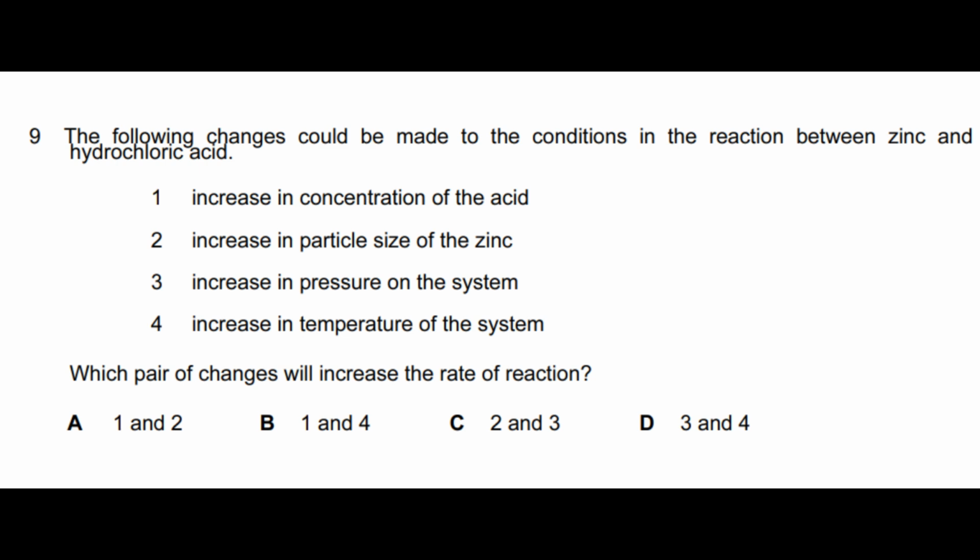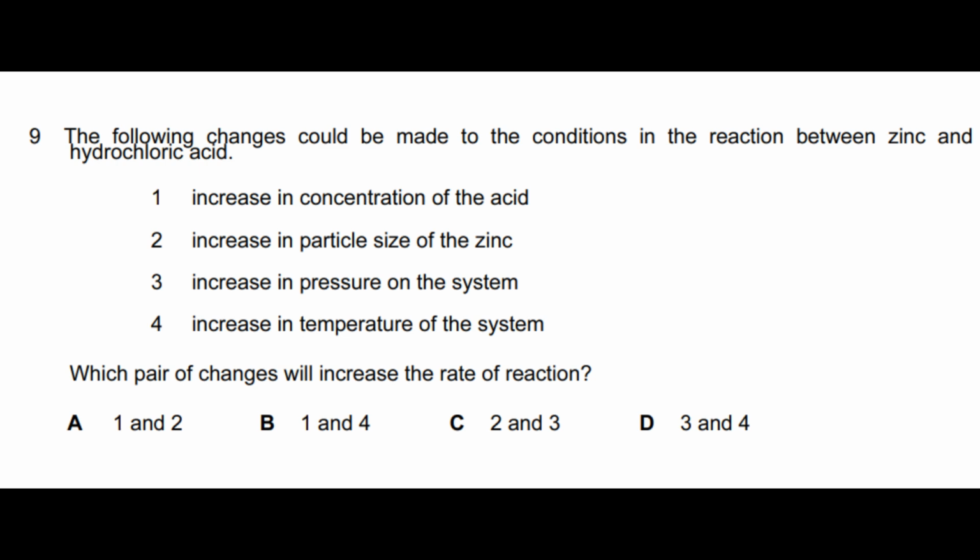But make sure you know that in the options, they are not saying increase in surface area. They are saying increase in size of the particle or decrease in size of the particle. So decrease in size of the particle will increase the surface area. So there is no option like this here. So don't confuse yourself. Number 1 statement says increase in concentration. Yes, it is correct. Increase in particle size.